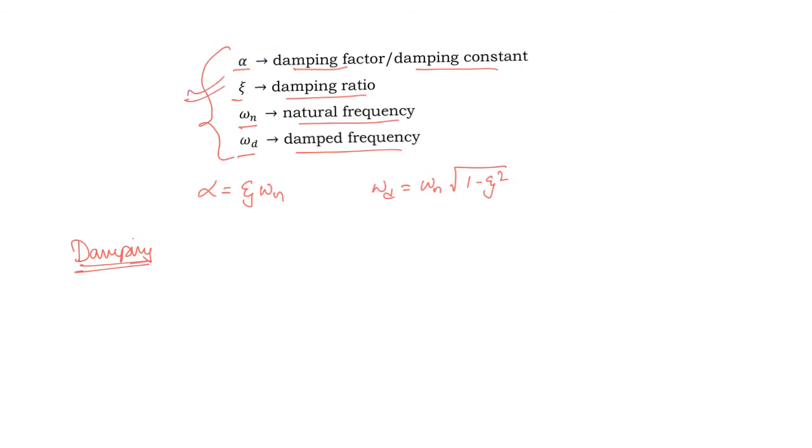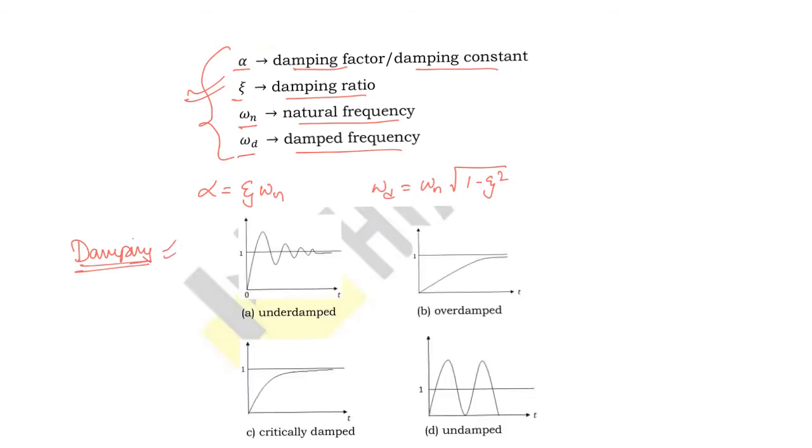Now we will see what are the different types of damping that we get to see in a second order system. The first one is the underdamped system. This is a unit step response, so the output has to settle down at the value 1. What is happening in an underdamped system?